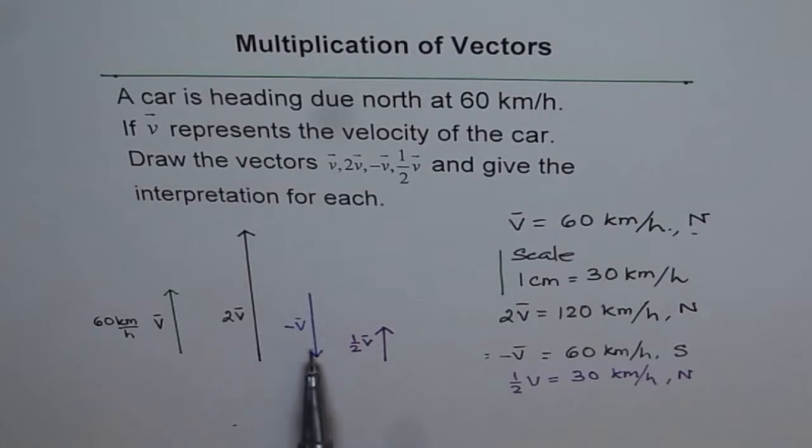Similarly, if I translate the other two left, then they can also coincide with this vector. So all of them can be lined up into a single line, and so we can call them collinear vectors also.